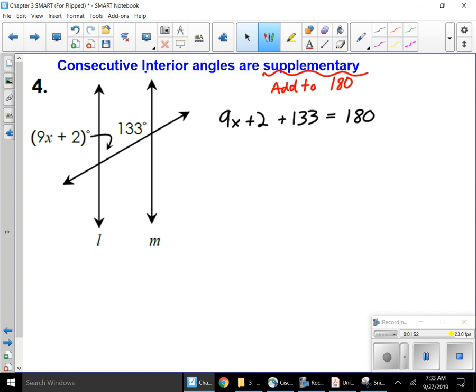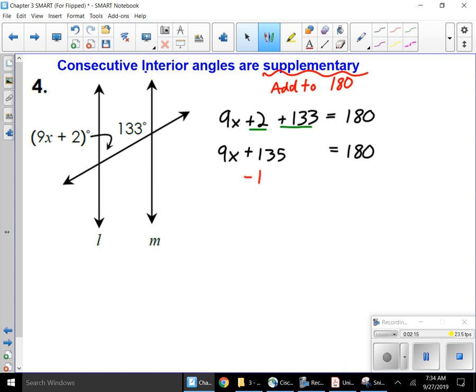So the extra step that we really need to worry about here is combining our like terms. 2 plus 133, that's going to be 135. And from here on out, this is just a two-step equation like the previous ones. So we have some extra like terms to combine, but that was really it.